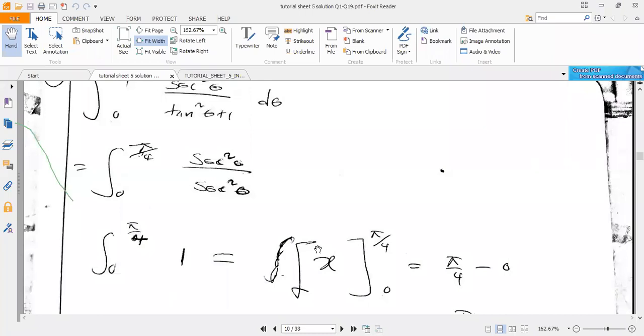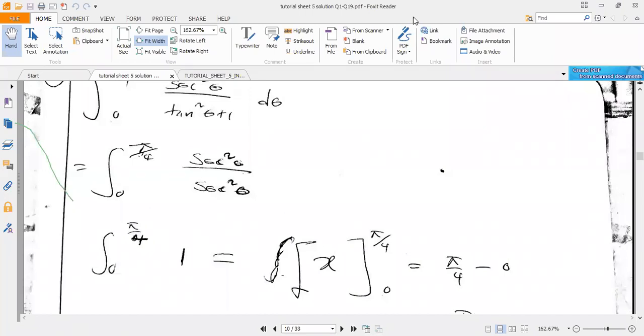Why are you just dropping this power as our value? Pi over 4 is not the power, rather. Pi over 4 is one of the values that we are plugging in. It's the interval, so you're integrating from 0 to pi over 4. It's not like pi over 4 is the power. Oh, okay, noted, sir. All right, thank you.